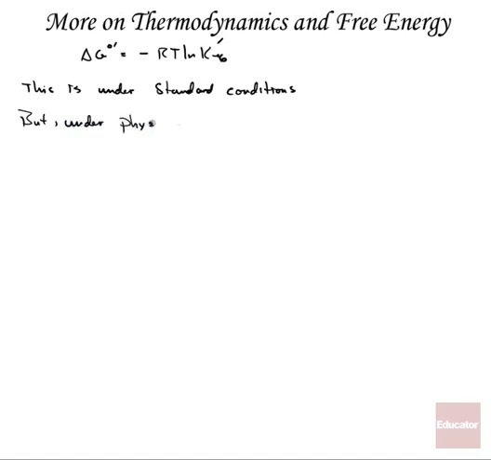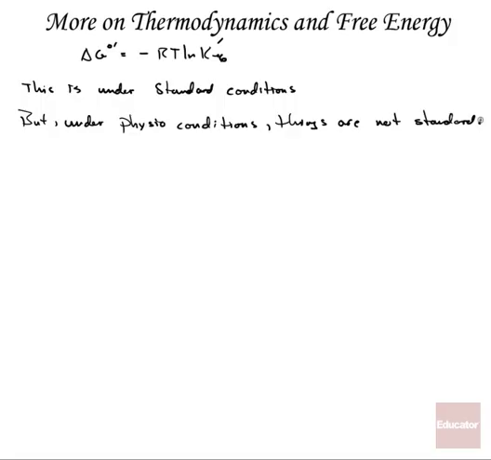But under physiological conditions, things are not standard. In other words, your concentrations are not all the same, 1 molarity or 1 atmosphere. You have different concentrations of different things.